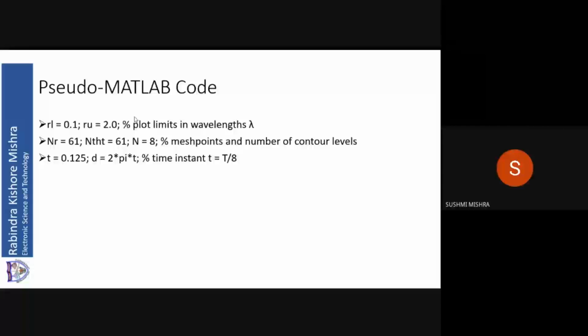If you remember my first class, I told you we are considering an oscillating dipole, which was the second class, after the radiating charge, after the accelerating charge, we considered oscillating charges. In that case, we started at t equal to 1/4 capital T or 0.125 times the time period.